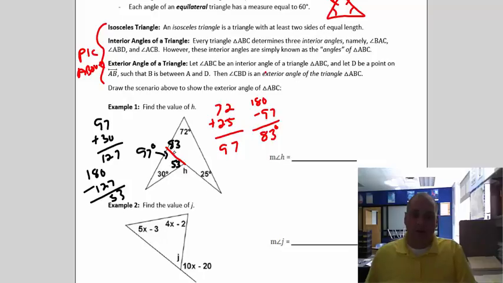They're linear pairs. Remember, 2 angles right next to each other forming that straight line are linear pairs. So I have a linear pair right here, 83 and 97, and then I have a linear pair here, 53 and h. So 53 plus h has to add up to 180. Okay, subtract 53, and that's 127. So I know h is 127. Okay, so h must be 127.